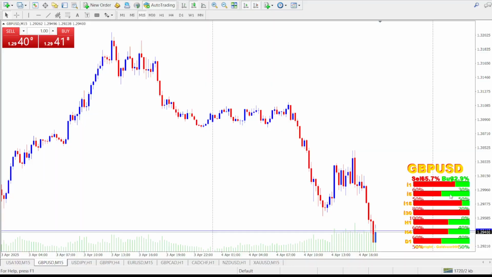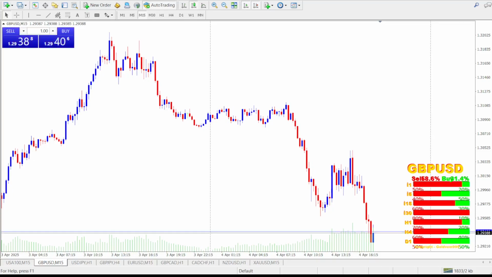If you see a high green percentage, currently we are on the 15-minute chart. So if we are looking at the 15-minute bar, we can see that the current indication is telling us that 15 minutes is dominated by sell. Can you see? It is currently dominated by sell.